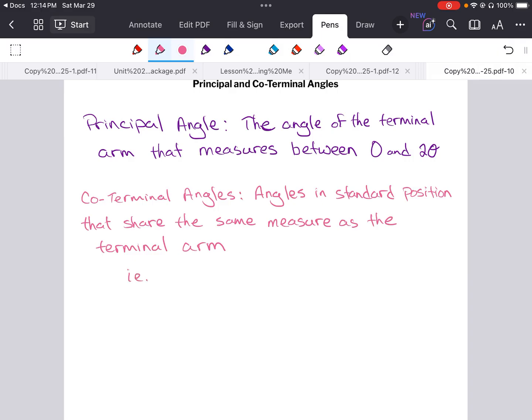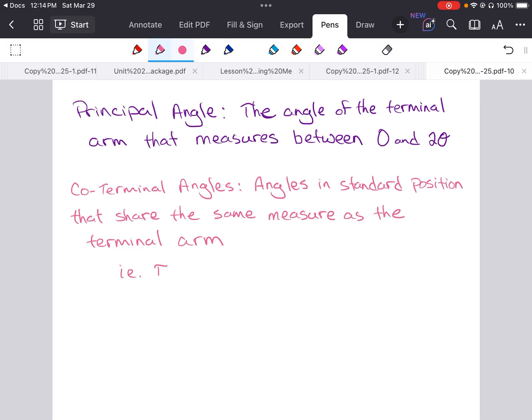Okay, so for example, pi, 3 pi, 5 pi, 7 pi, etc. are all the same. We think of a full circle being 2 pi.